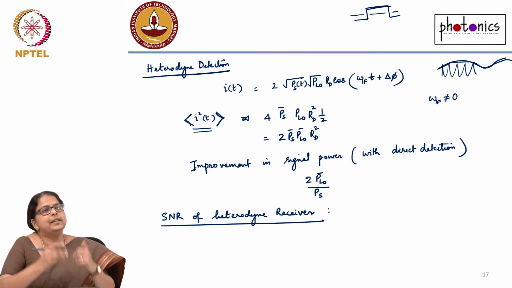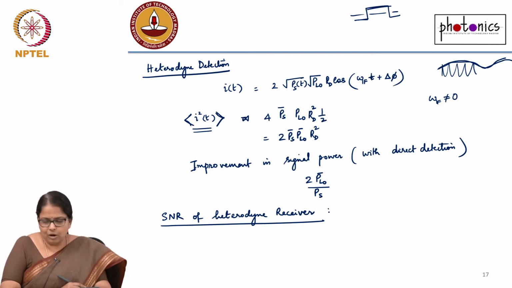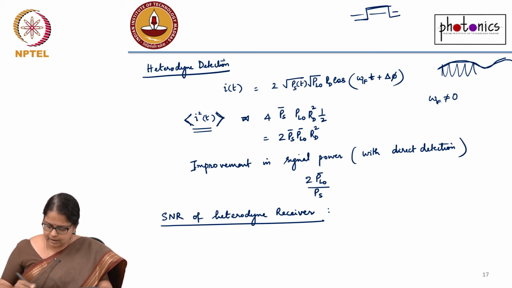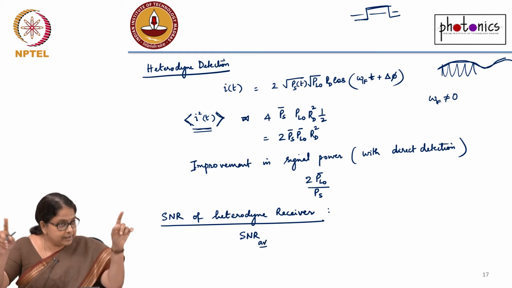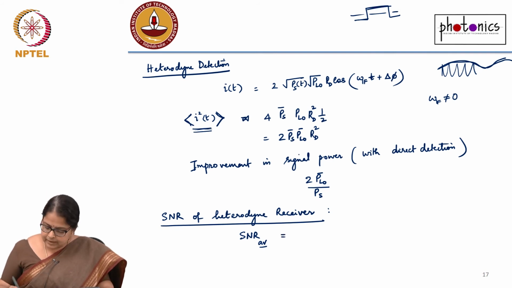Let's quantify the improvement. So how do you quantify SNR? You will say signal power divided by noise power, and let's stick to average signal power. So SNR average, I am specifically saying this average because everywhere we have taken the average current, okay, is equal to, what is the average signal power for heterodyne?